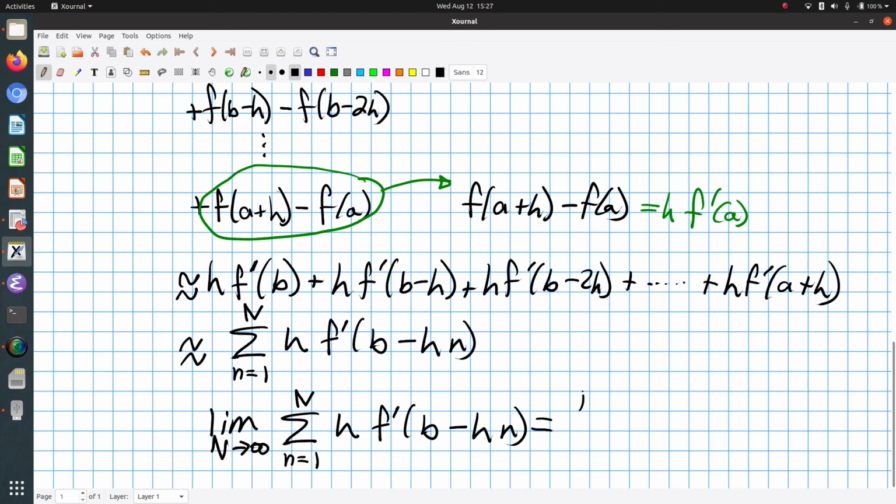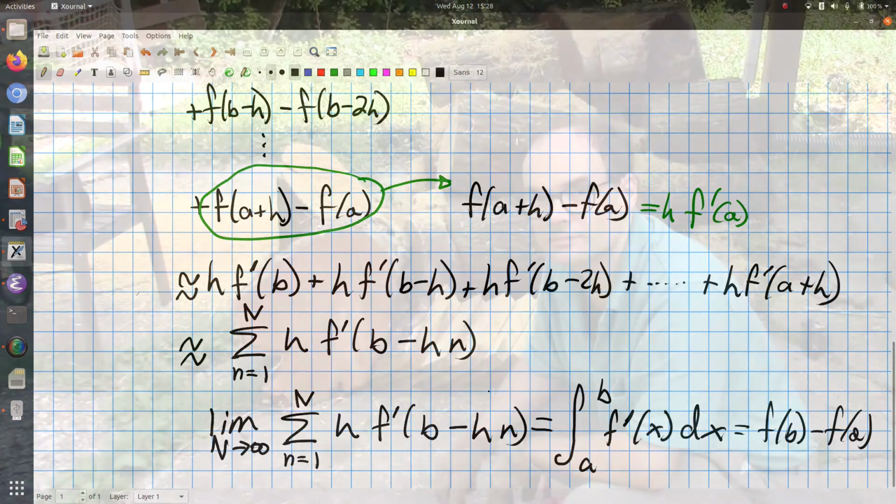And in fact, this is the integral from a to b of f prime of x dx. And in fact, the fundamental theorem of calculus says that this is the same thing as what we started with, f of b minus f of a. So in essence, what we've done is we've carved apart our function, chopped it up into pieces with the derivative, found out little steps, and then added them up, of course infinitely many, to get back the original function.